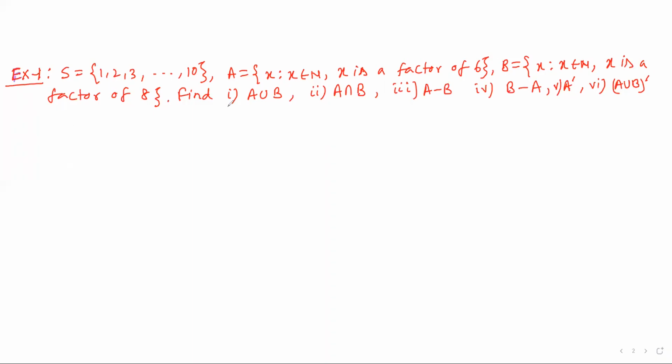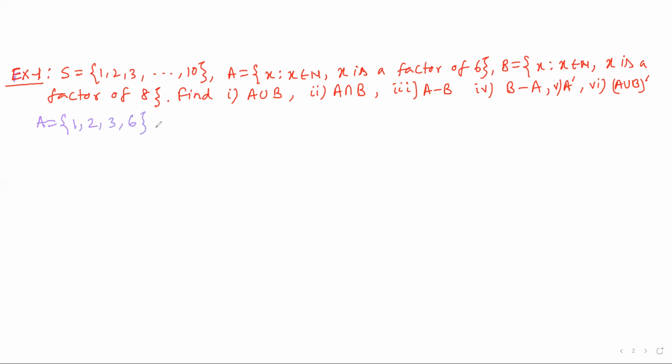Now we have to calculate this information. First I am taking set A. Set A contains all natural numbers which are factors of 6. The factors of 6 are 1, 2, 3, 6.